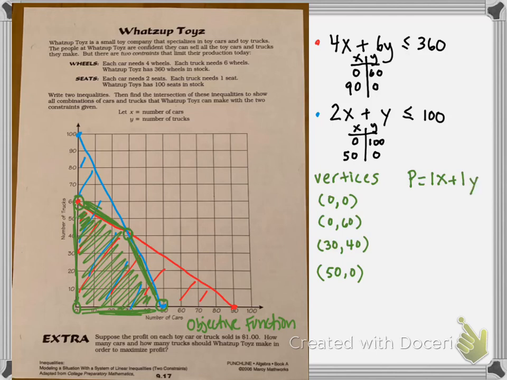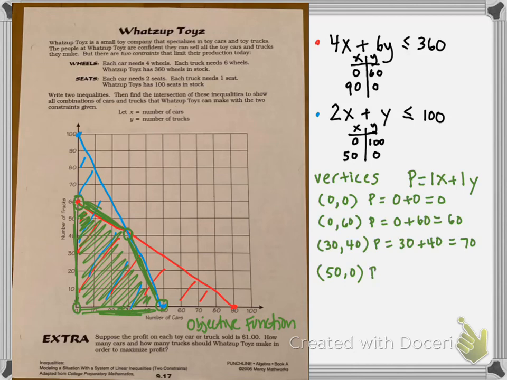All right, so my profit, when I plug in 0, 0, is 0 plus 0, and that is 0. When I plug in 0, 60, I'm going to get 0 plus 60, and that is 60. If I plug in 30, 40, the profit here is 30 plus 40. Plugging in both those x and y's, I'm going to get 70.